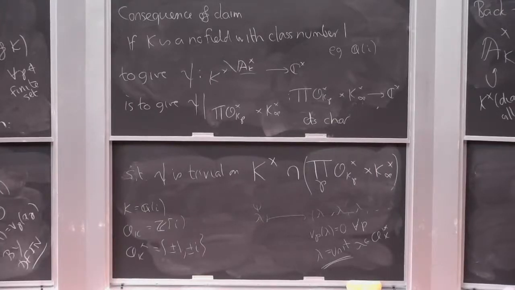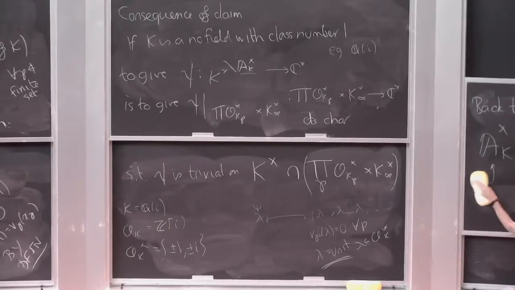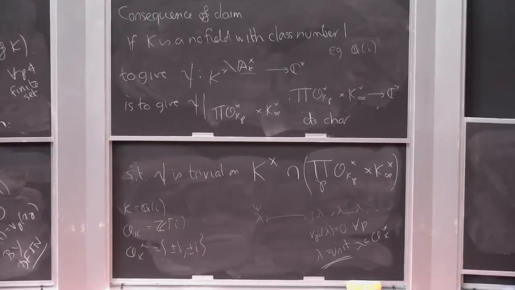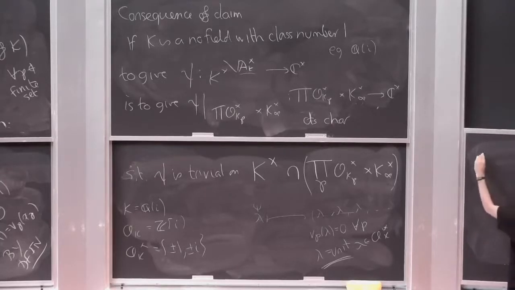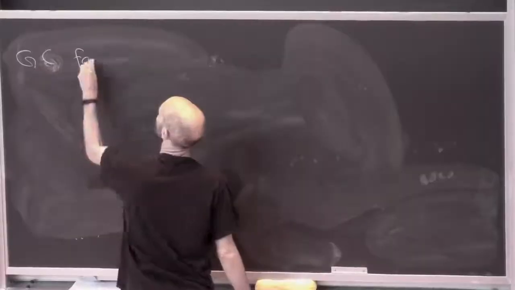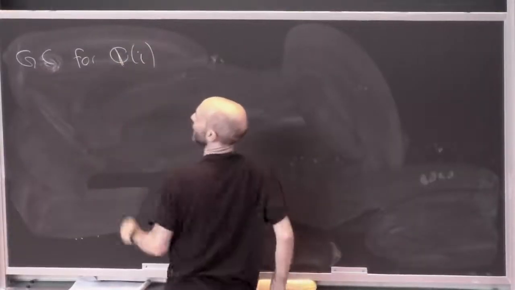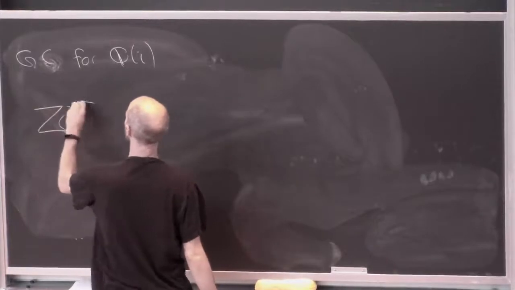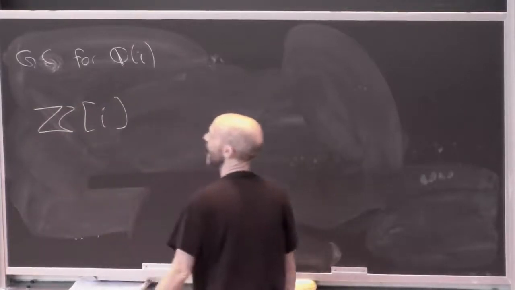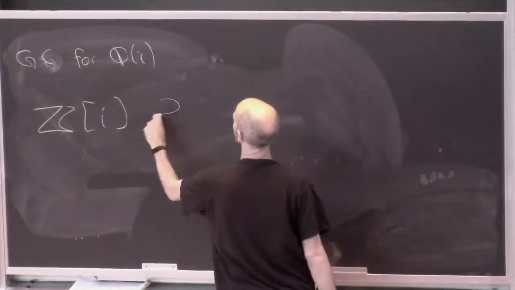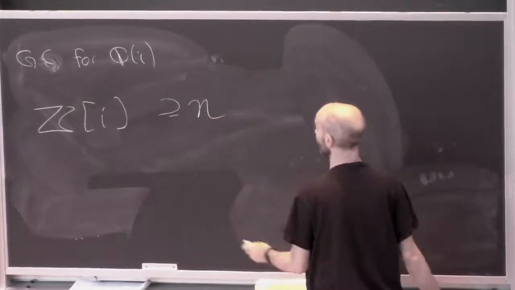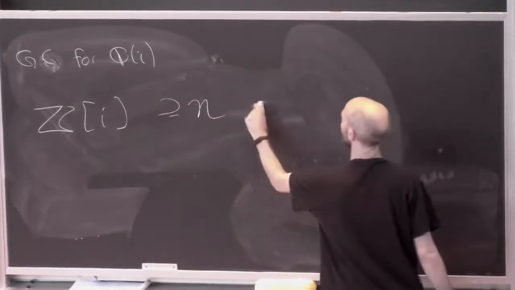Let me show you how trivial it is to write down a Grossencharacter for Q(i). So here's an example of a Grossencharacter for Q(i). Okay, well, let's take Z[i]. Let's just choose a random level. This contains N, which is my level, which is just some non-zero ideal.